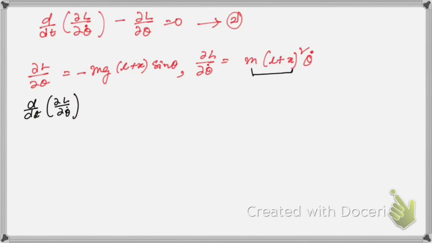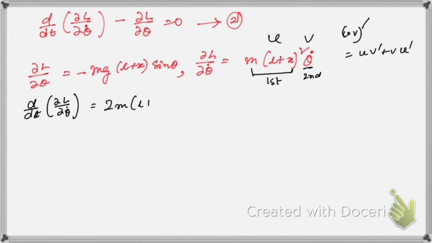Here this is u, the first function, and this is v, the second function. Now apply the product rule: if you differentiate u times v, you get u times the derivative of v plus v times the derivative of u. If you apply this, you will get 2m (L plus x dot) theta dot plus m (L plus x) whole squared theta double dot. Okay, so hope you have understood this.